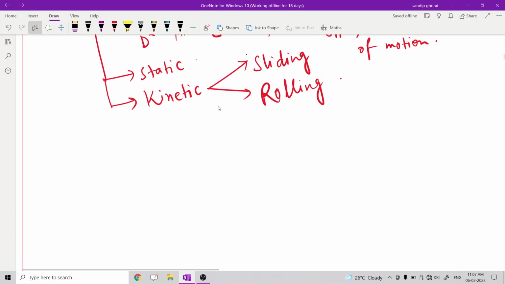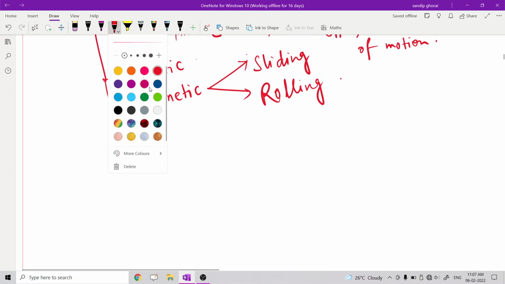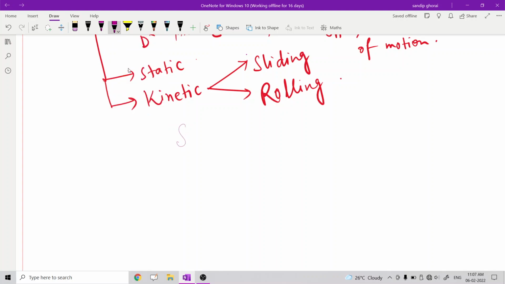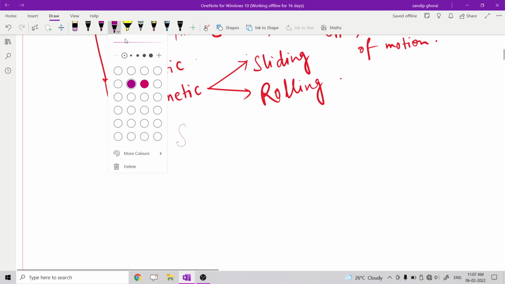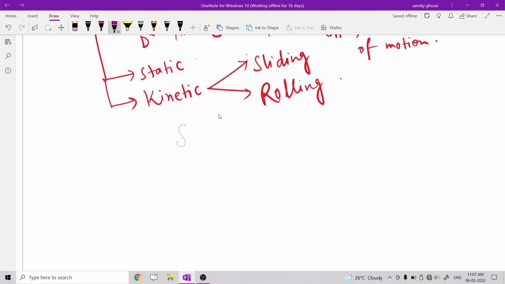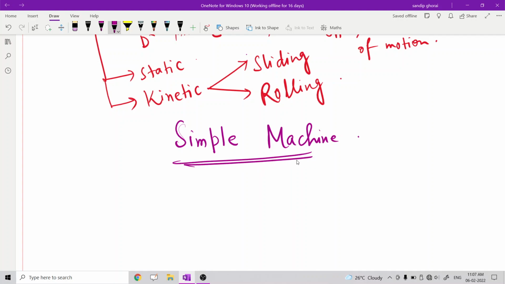So what is the meaning of simple machine? Actually, a machine is generally used to reduce our hard work, and we can say a machine makes our work very easy.